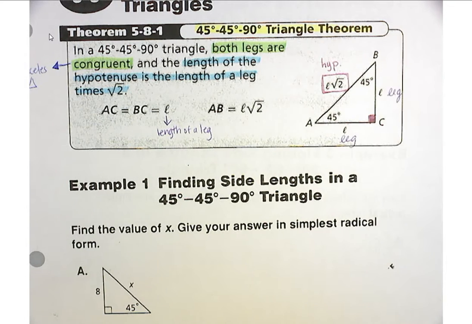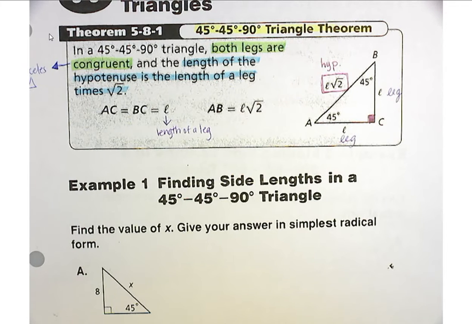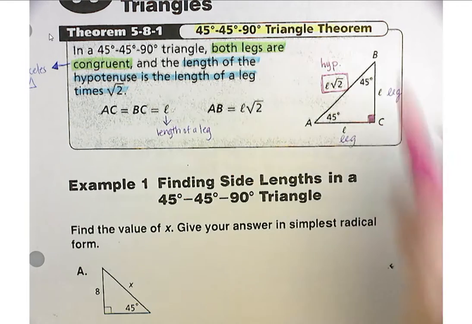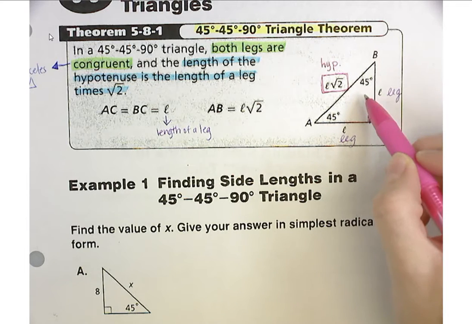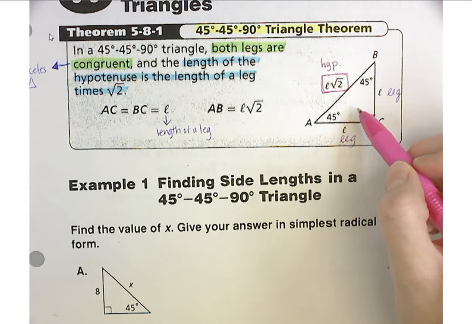So it really is going to be a lot about the angles today. You're going to see a lot of similarities with things we've already talked about. Remember how this past week we've been studying how when you have a smaller angle, it's across from what? The smaller side. So there are lots of things that should make sense here.